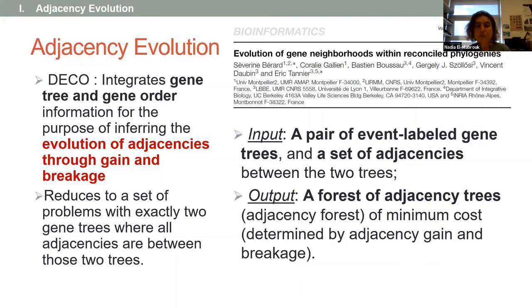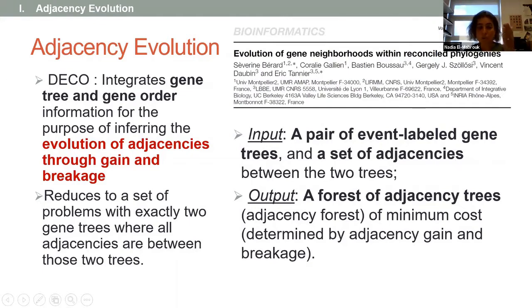Okay, so the input of the algorithm is a pair of event labeled gene trees and a set of adjacencies between the trees. And the output is a forest of adjacency trees of minimum cost, which determines the adjacency gain and breakage.